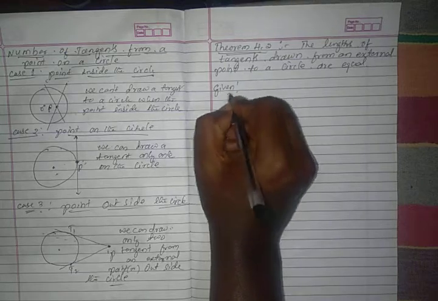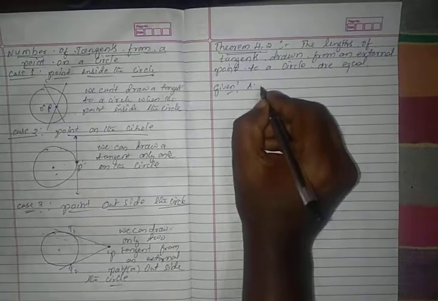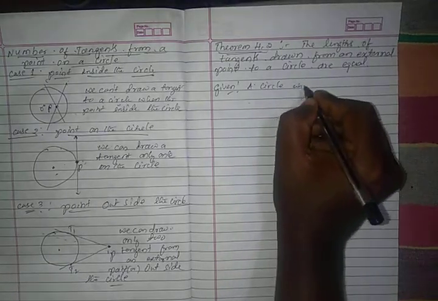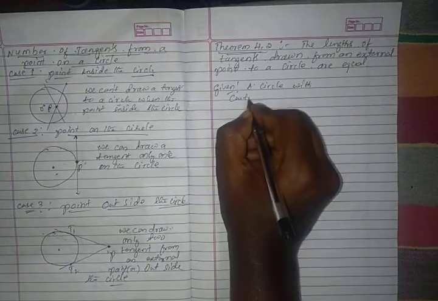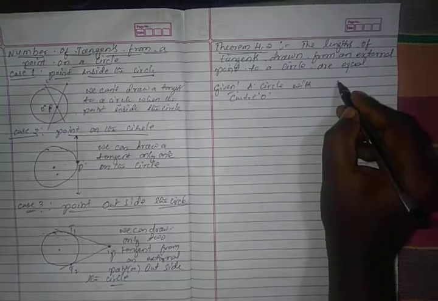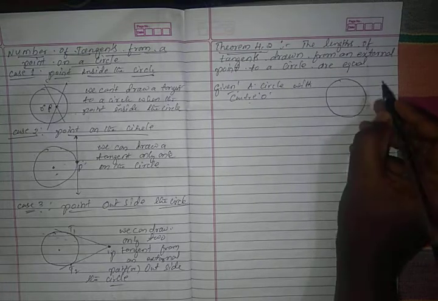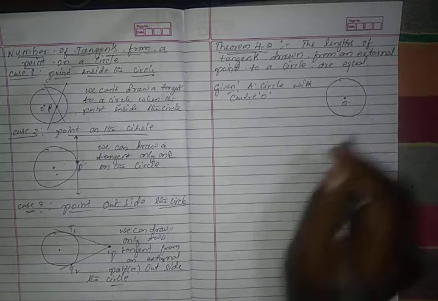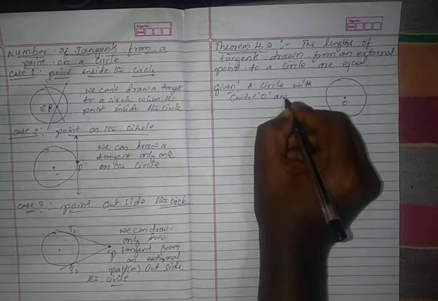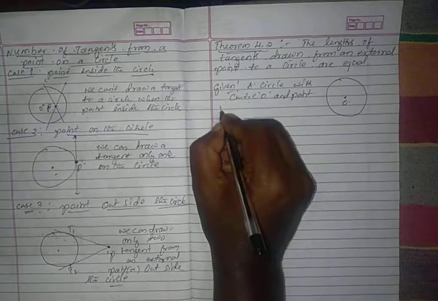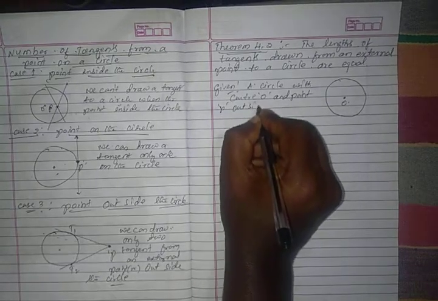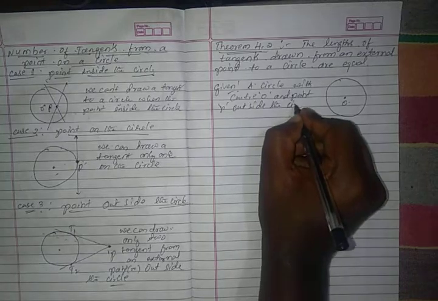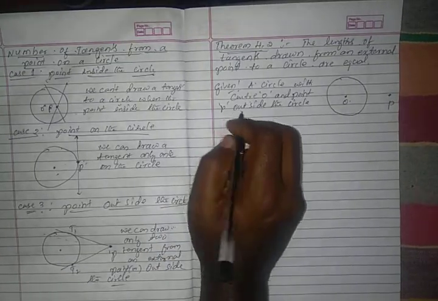We are given a circle with center O. Let us draw a circle with center O and a point P outside the circle.